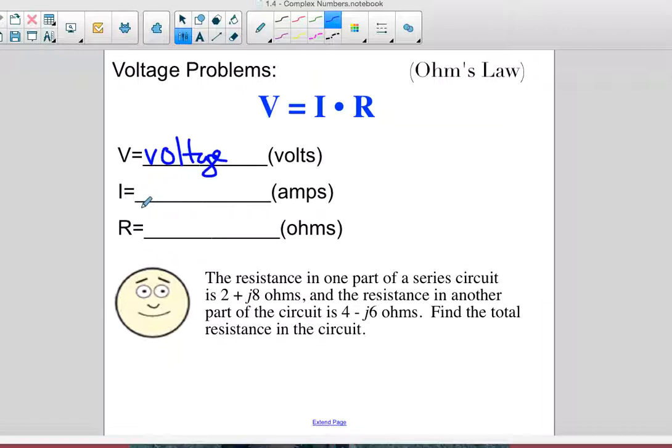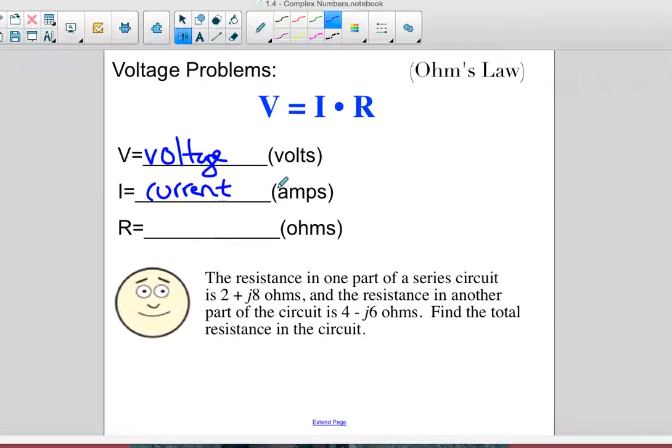So it's like the electricity current. So I'm going to put C-U-R-R-E-N-T. And that's something we measure in amps, right? So this is kind of confusing. V, voltage, volts, that makes sense. They all begin with V. I actually stands for the current, and we measure it in amps, right?